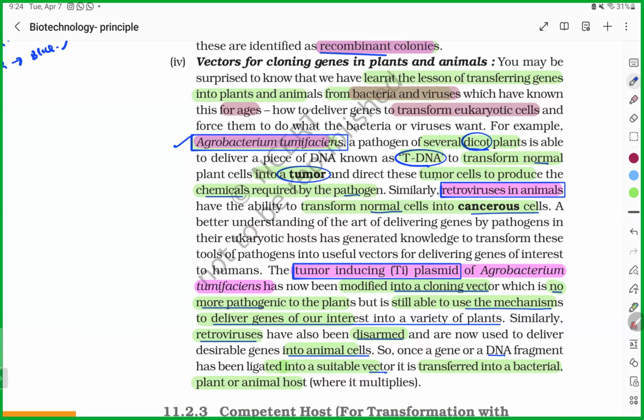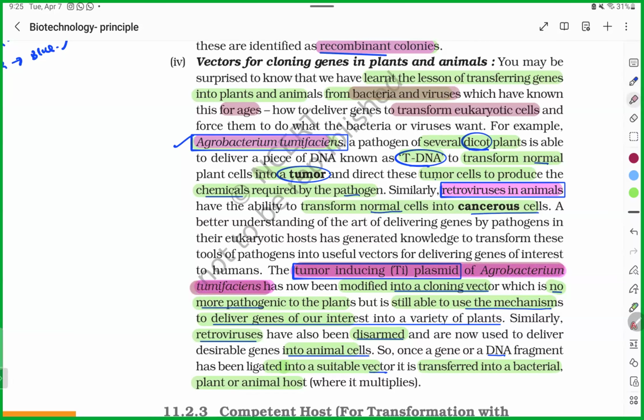The same job viruses do. Retrovirus in human beings converts normal cells into cancerous cells. In cancerous cells, they get the multiplication process, replication of their genetic material. Correct? Here you have the tumor-inducing plasmid of Agrobacterium tumefaciens.